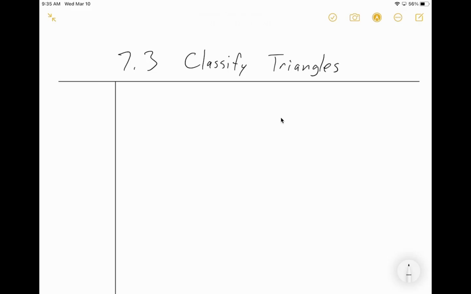Okay, so let's first of all classify by angles. Let's classify triangles by their angles. There are three types. I'm going to draw across here three different kinds of triangles.